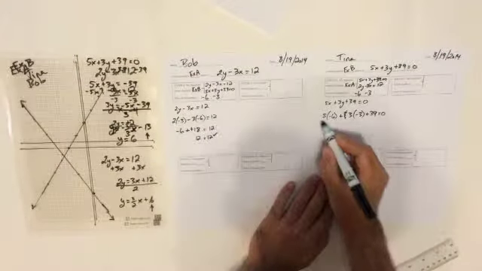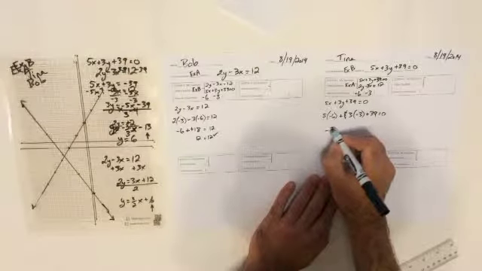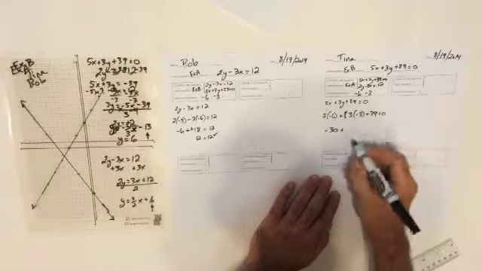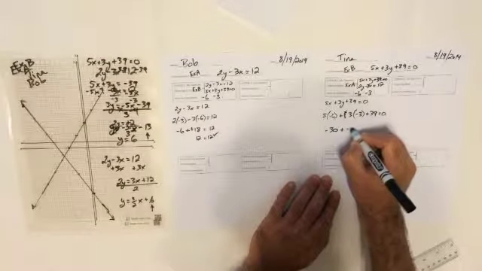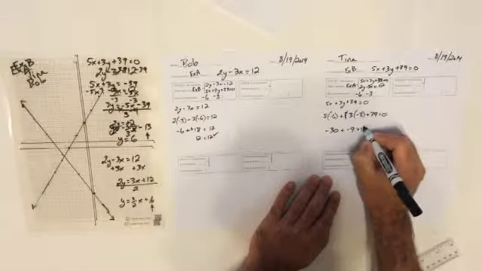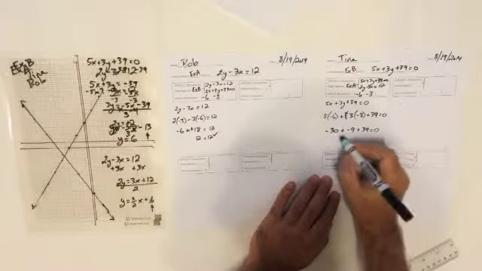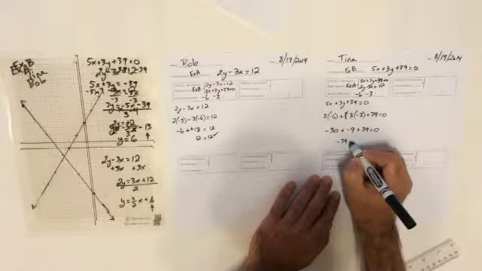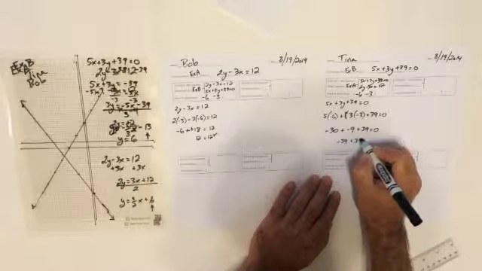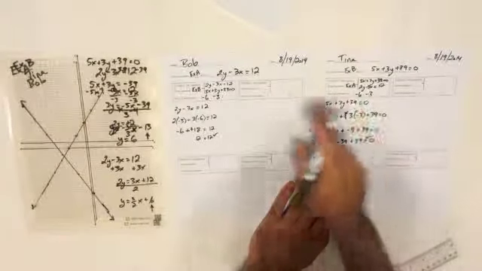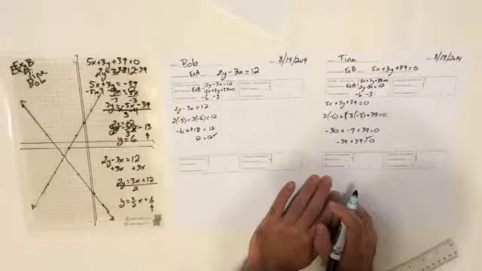And let's see if this is true. 5 times -6, that would be -30, plus 3 times -3, that would be -9, plus 39, and let's see, -30 and -9, that's -39. Oh, -39 plus positive 39 is equal to 0. Check it out. These both are satisfied.